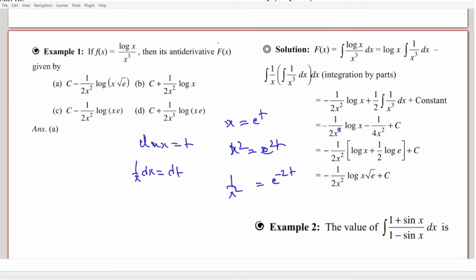So 1 by x dx dt, 1 by x square, that means e power minus 2t dt, right?